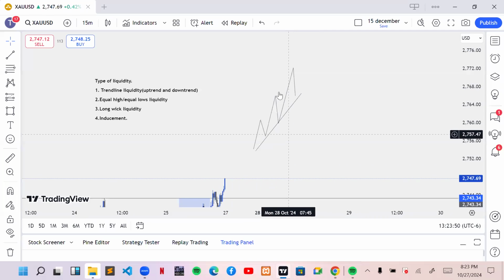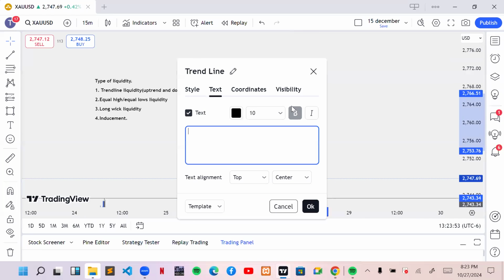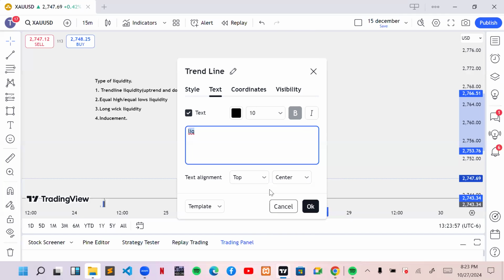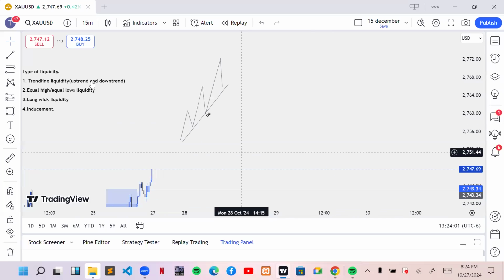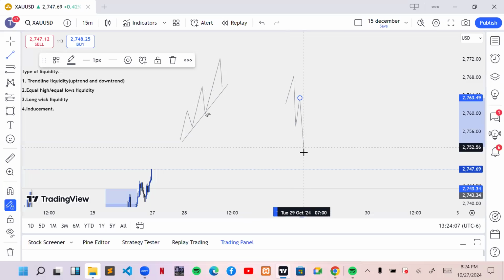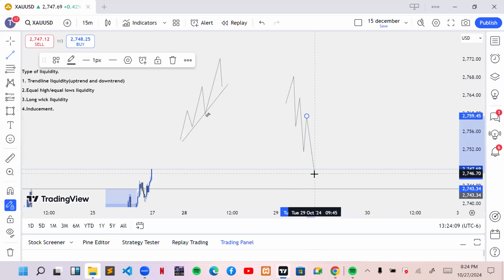So if it's an uptrend, just know there's liquidity being accumulated down here. And if it's a downtrend, lower highs and lower lows, there's liquidity being accumulated on the upside.